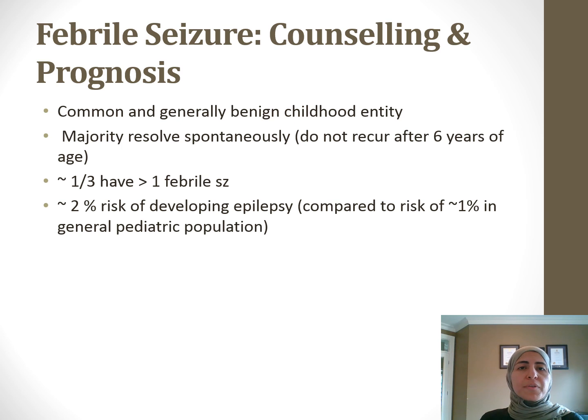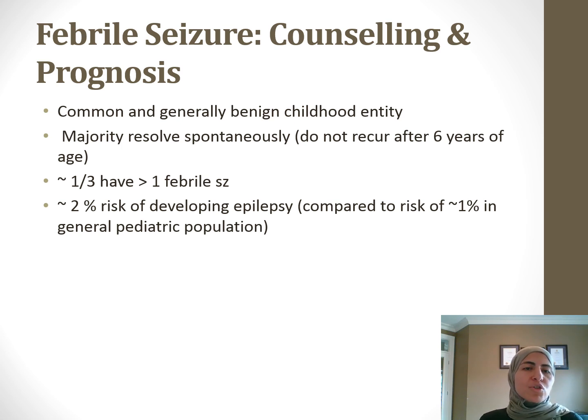The prognosis for febrile seizures is excellent. They're common, they're generally very benign, and the majority resolve spontaneously and don't recur after the age of 6 years of age. However, in about a third of these patients, I warn parents that they may have more than one febrile seizure and that this can keep going on until the age of 6 years.